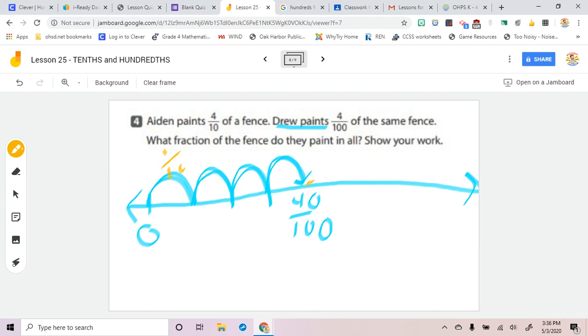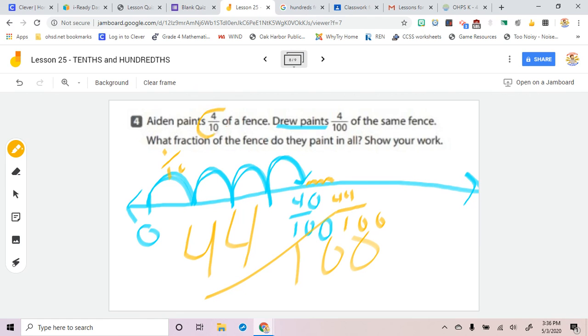So 1, 2, 3, 4 little baby jumps for 4 more hundredths would get us to 44/100. So all together they painted 44/100. You can see the key in this is being able to get a 10th to a 100th by multiplying the top and bottom by 10.